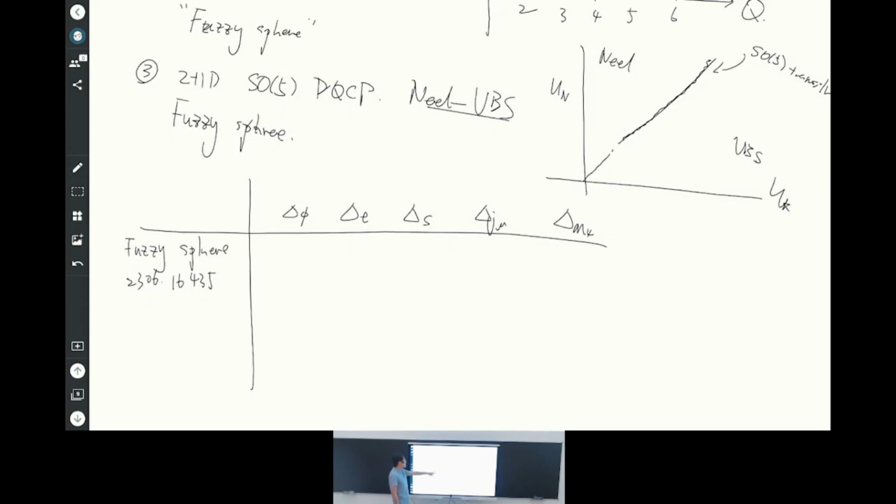So phi is a vector. This is an SO(5) vector operator, which controls whether the SO(5) symmetry is spontaneously broken or not. And the T operator is a symmetric rank 2 tensor, which controls the Néel to VBS transition. That is, tuning the T operator is effectively tuning the Néel to VBS transition.